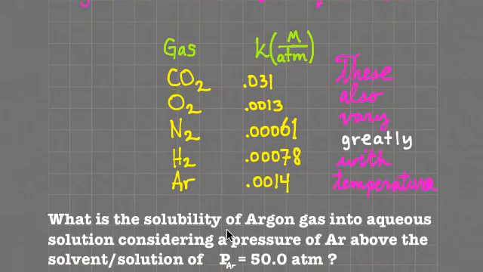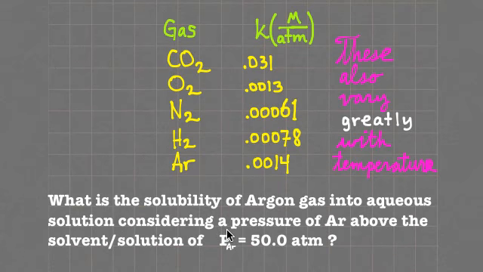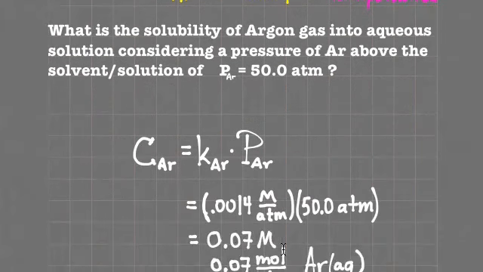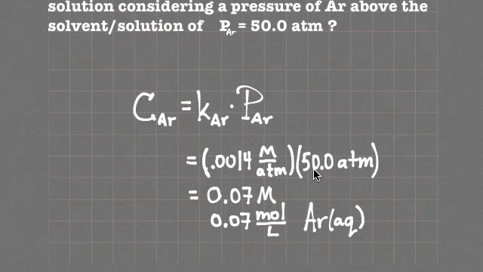Here's a mathematical calculation question. What's the solubility of argon gas in an aqueous solution, considering a pressure of argon above the solution of 50 atmospheres? Well, let's see here. I know that my constant for argon is 0.14, and the pressure is 50 atmospheres, so all I really have to do is multiply those two. 50 times 0.14, that's the constant that was given to me, is 7 moles per liter of argon.